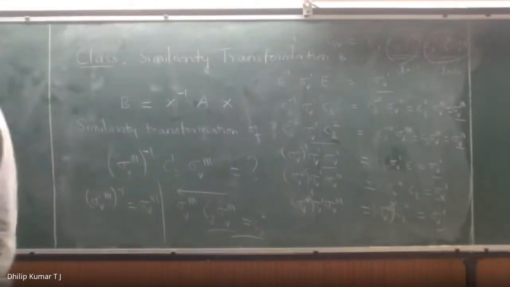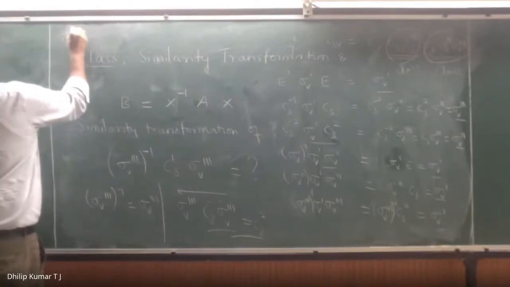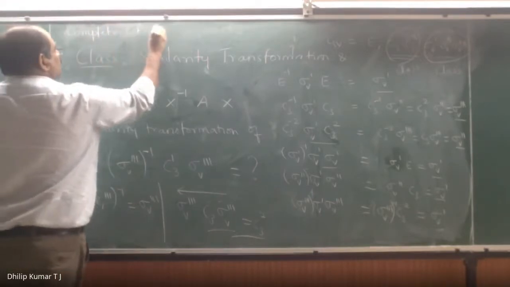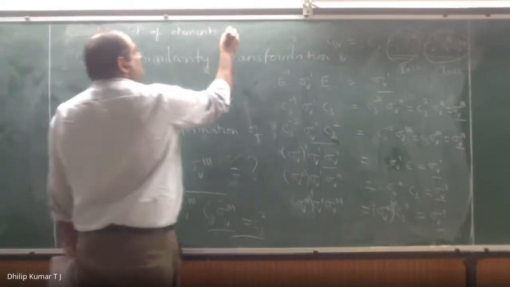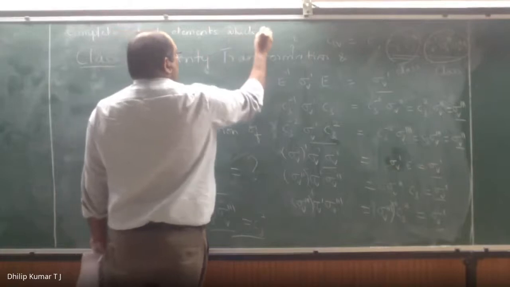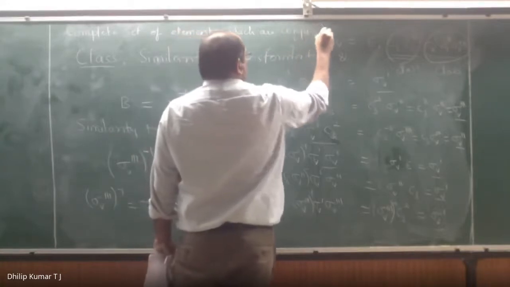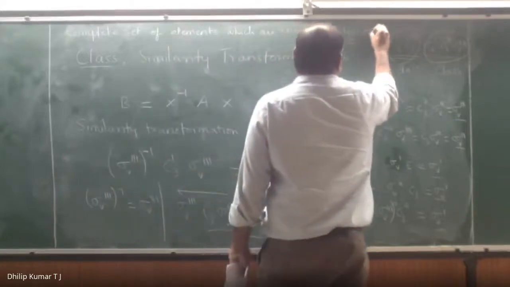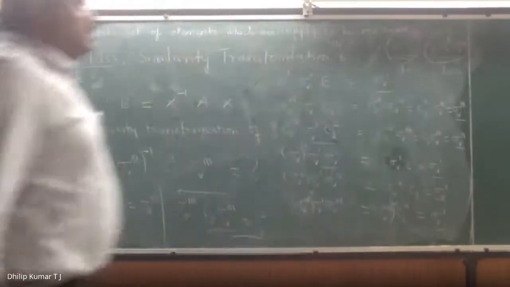So now I'll come to the definition of class. A class is a complete set of elements which are conjugate to one another. So this is the definition of class.